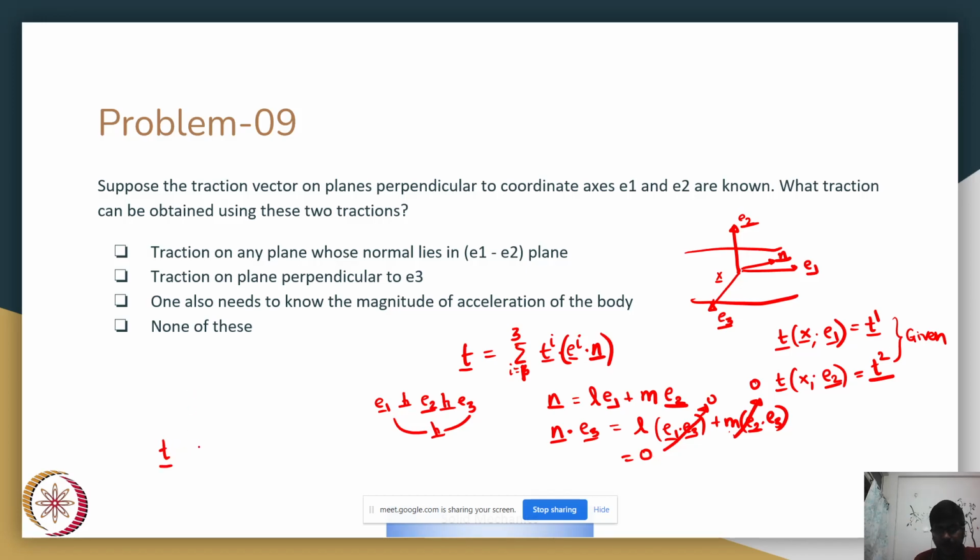Now, I'll label this as n star. So n star is like we are talking about this first option. n star is a vector which lies in the E1 E2 plane, and n star essentially denotes a particular normal. So if you want to calculate T star of x comma n star, then we'll have T1 E1 dot n star.